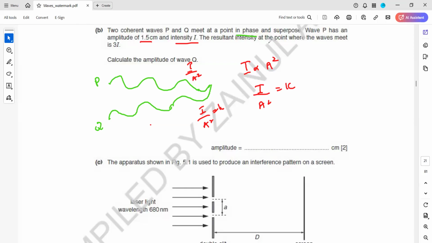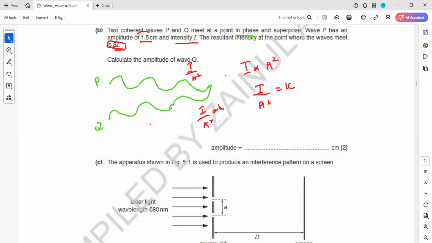The resultant intensity at a point where the waves meet is 3I. So when the two waves combine with each other, the resultant intensity is 3I. We have to calculate the amplitude of Q. How can we work it out? What will the amplitude of the resultant wave be?